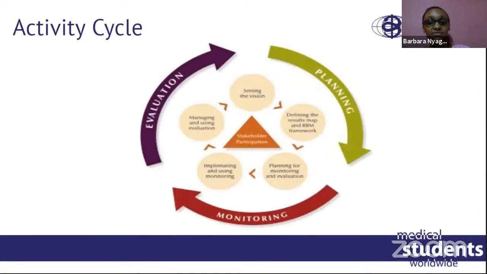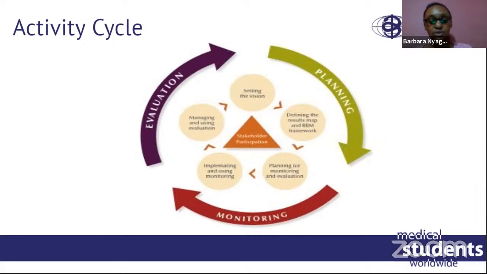So here is the activity cycle. As you can see, the activity cycle comprises three main components. We have the activity planning, activity monitoring, and activity evaluation. When you're doing the activity planning, you're setting the vision and planning how the activity will take place from beginning to end, designing the activity and the flow of events.